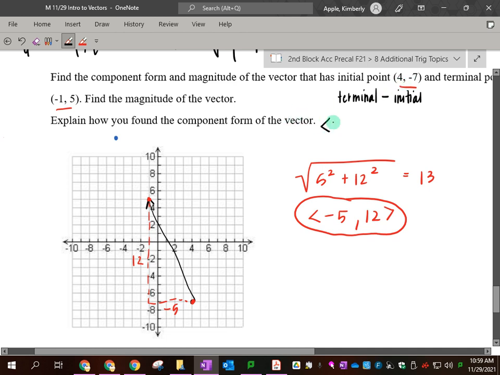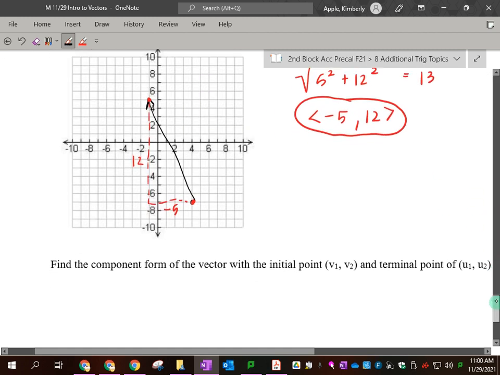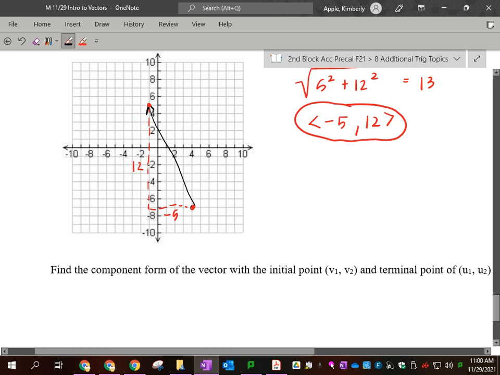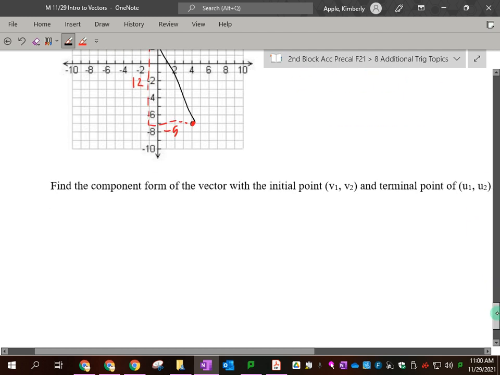That would be -1 minus 4, comma, 5 minus -7. Does that give me this? Yeah, this would be -5. 5 plus 7 is 12. So instead of having to do all this rigmarole of counting with the triangle, you can just subtract those points.